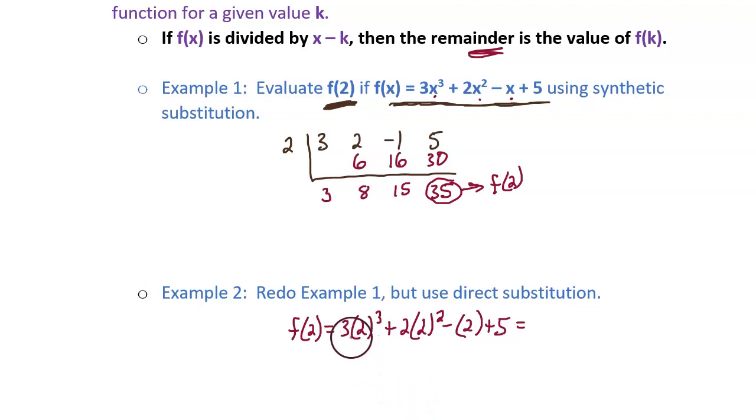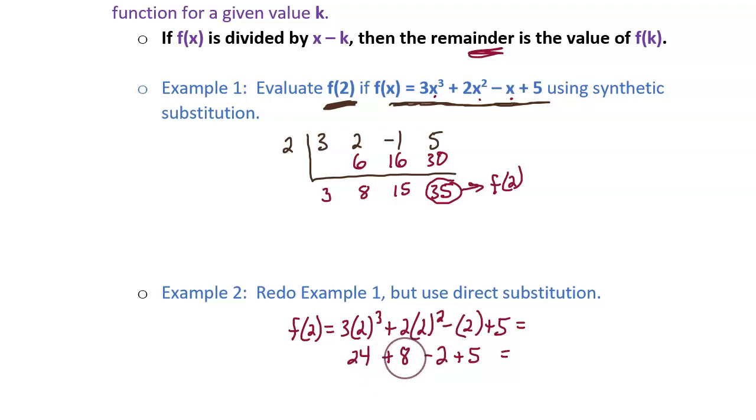At this point, you can talk this through mentally, or you could type it in the calculator. 2 to the third power makes 8, and 3 times 8 is 24 in this position. 2 to the second power is 4, and 2 times 4 makes 8 in this position. Then we have minus 2, and then we have plus 5.